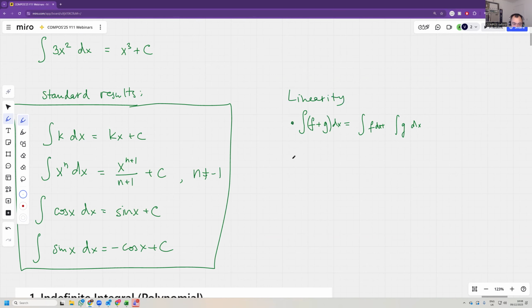And the second property of linearity: if you have a constant multiplied by f dx, it is k times the integral of f dx. So you can take a constant out of the integral, and we will use that a lot. And secondly, the integral of a sum is the sum of integrals.